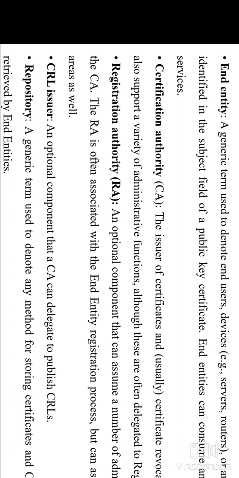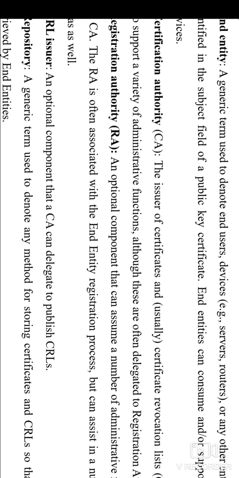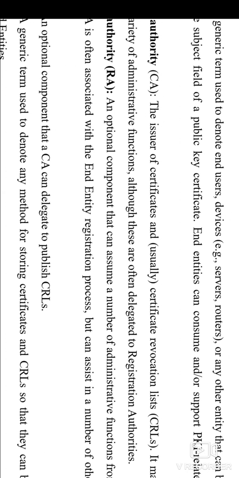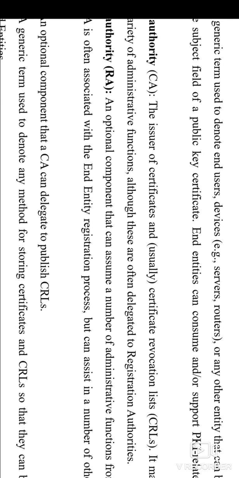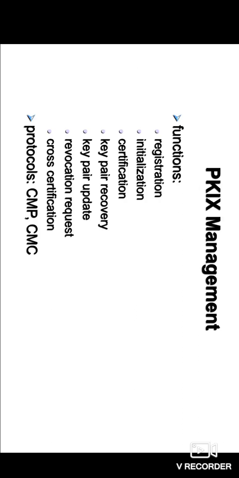Then repository, so it denotes some method of how to store the certificates and how to store the CRLs. So then only we can get the certificates later. So that's why we need several methods for storing the certificate. So it is handled by the element repository.